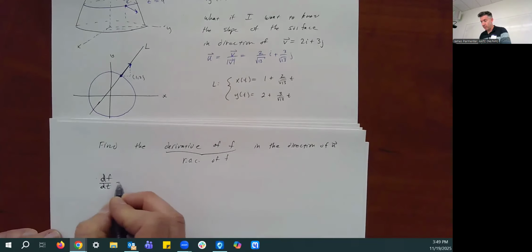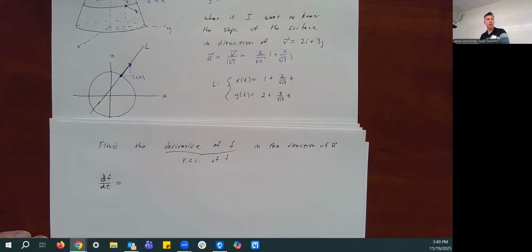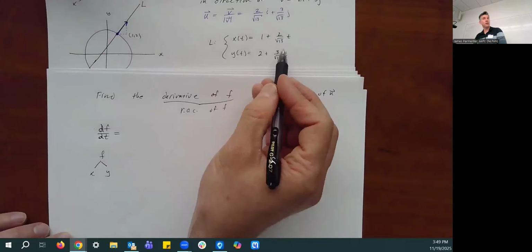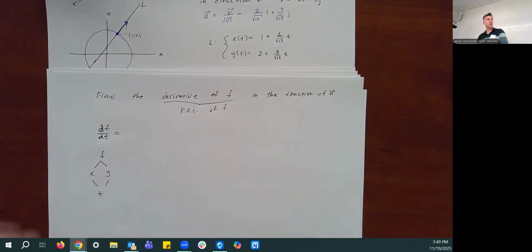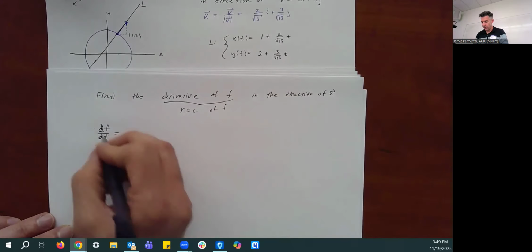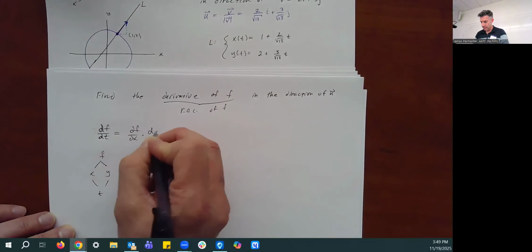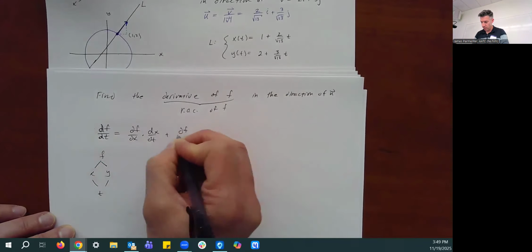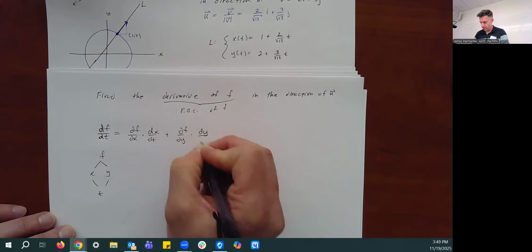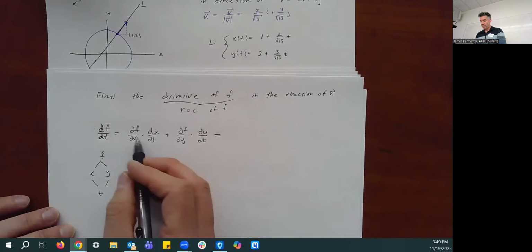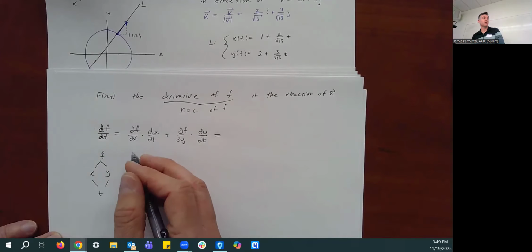For del f del t, I'm going to use the chain rule. f depends on x and y, and x and y both depend on t. So it's the usual: df dt is equal to del f del x times dx dt plus del f del y times dy dt, which might not seem super exciting at first, but I'm going to write this as a dot product of two vectors.